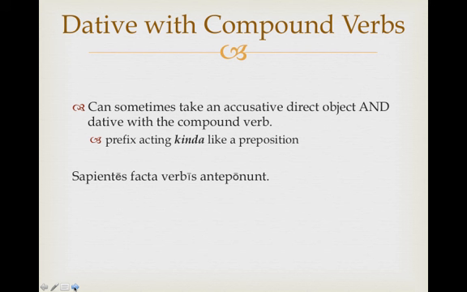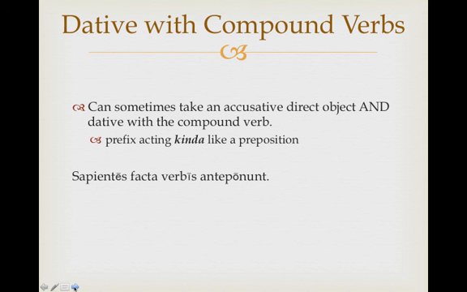Because you have the prefix kind of acting like a preposition, but not really. It's a prefix, not a preposition. And you can tell that because the dative with the compound verb is not going to be in the case that that preposition would usually take.